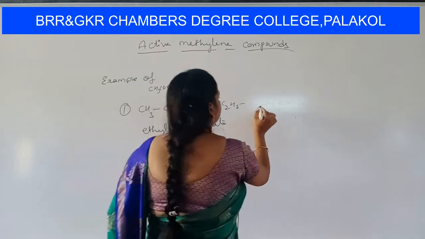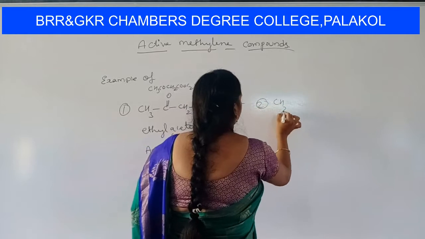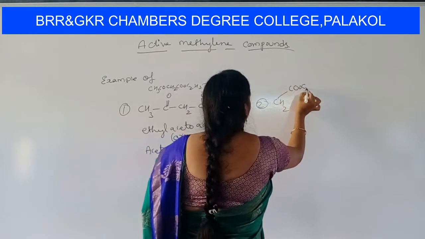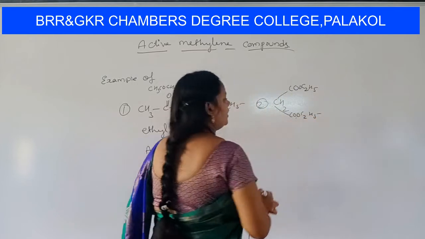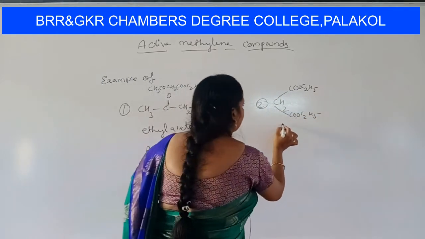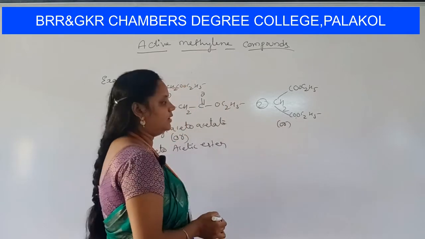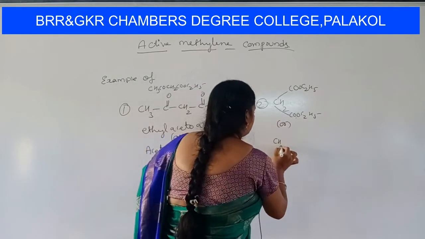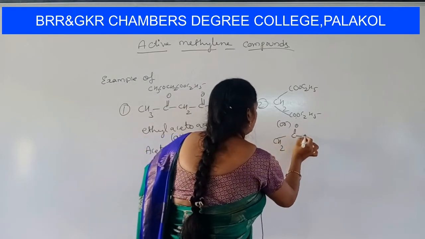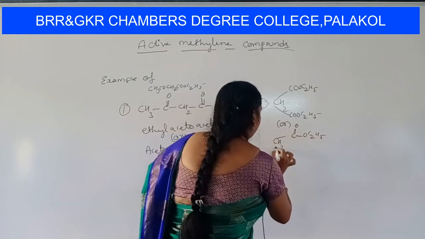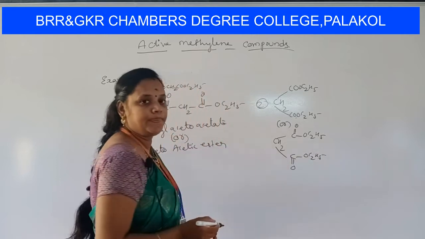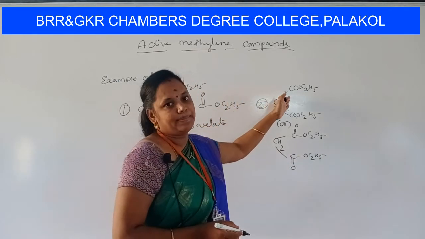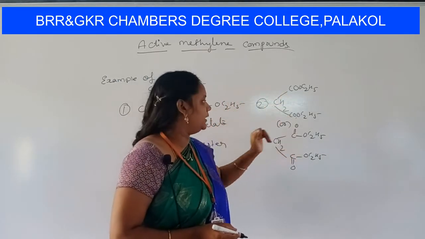Let me write the second example: CH2 (COOC2H5)(COOC2H5), or the same structure can be represented with bonds also: CH2 with C double bond O, OC2H5, and C double bond O, OC2H5. This is the combined form, and here I am representing it with bonds.